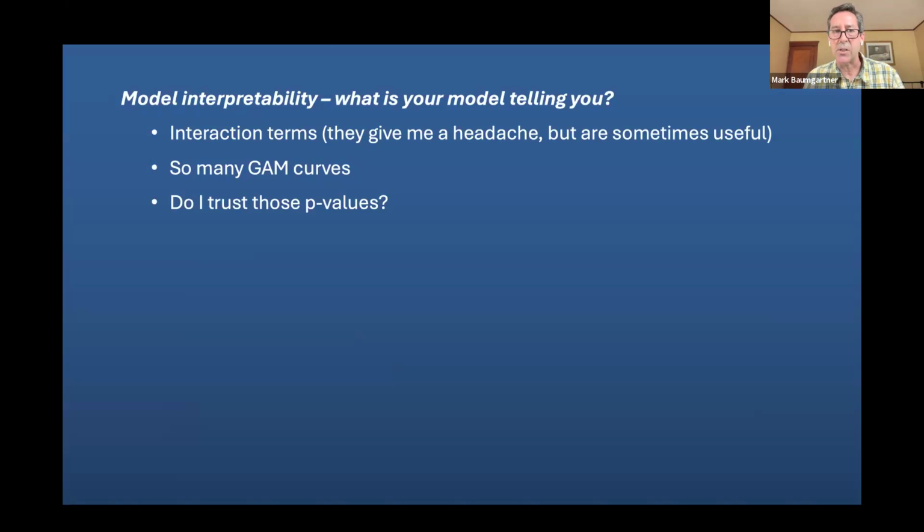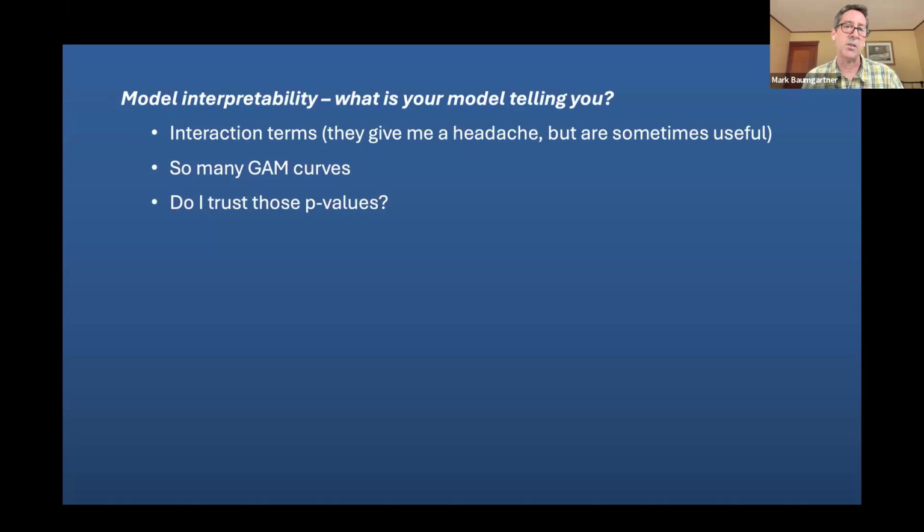Many times interaction terms can be difficult to interpret unless you use them quite thoughtfully. There's nothing wrong with using them, but do so in a way that helps you figure out on the back end, okay, here I got all my results. What do they actually mean?